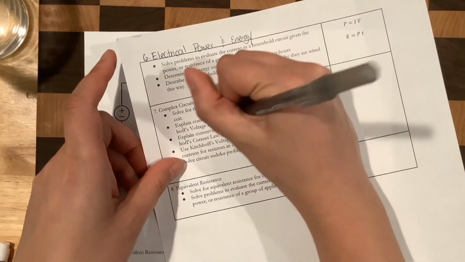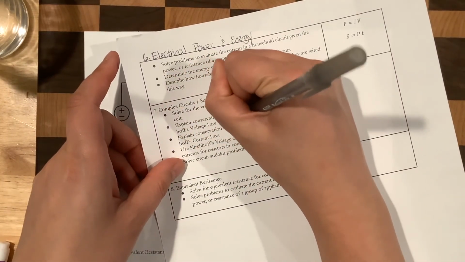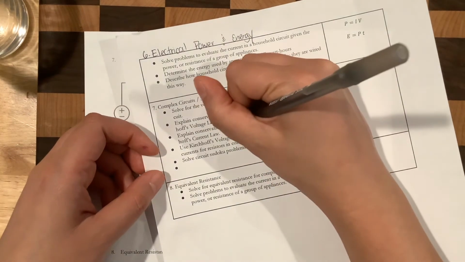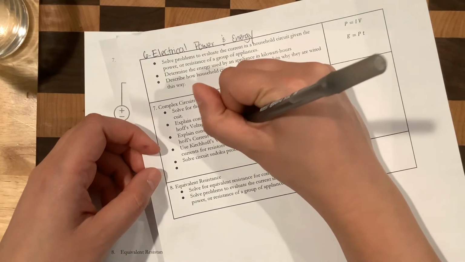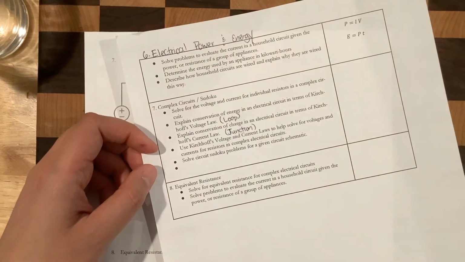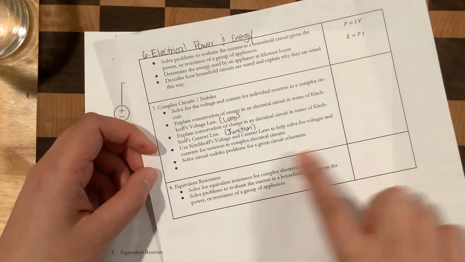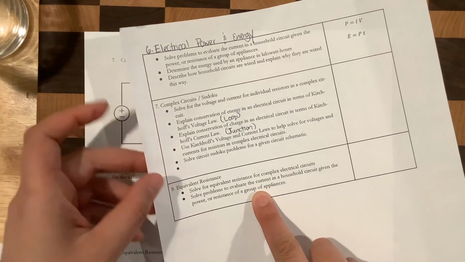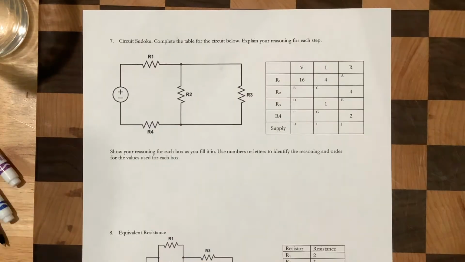So how about we put that in as loop or voltage, both are the same law. Explain that conservation of charge goes with the current law, that's the junction rule, and use all 5 patterns to complete the circuit Sudoku. Then we'll finish up with equivalent resistance, and that's it. So let's do this circuit Sudoku.